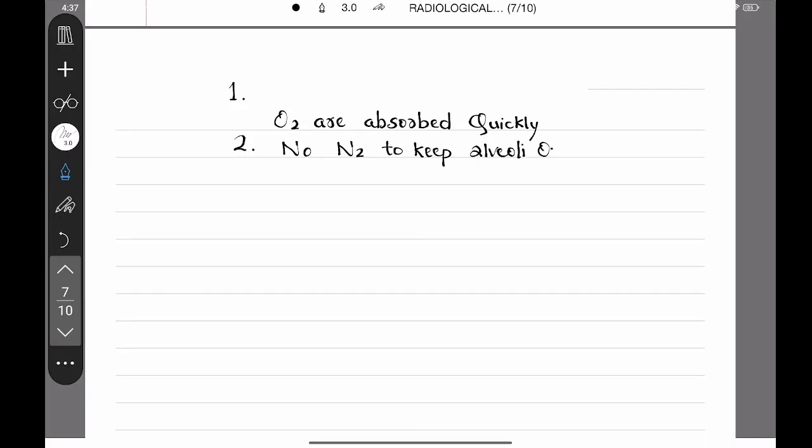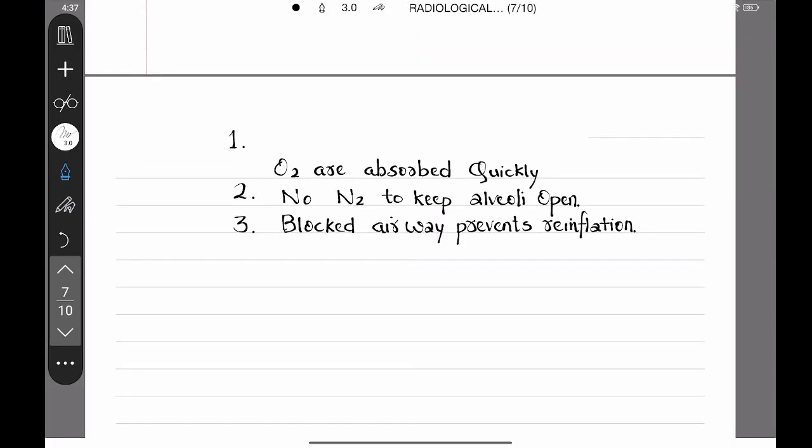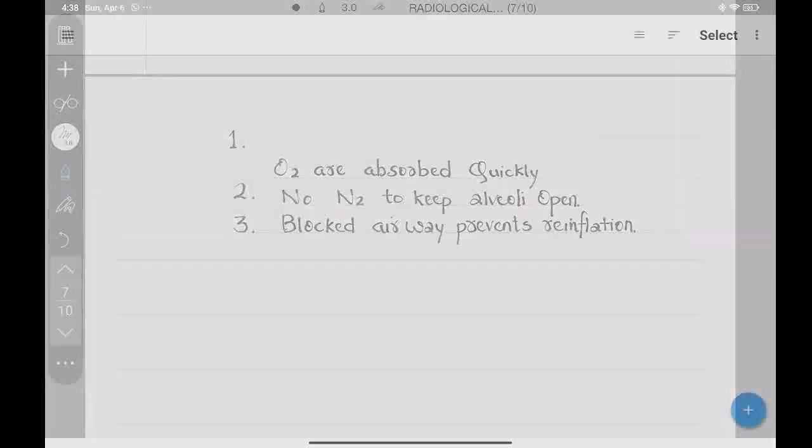Point number 3, the blocked airway prevents reinflation. So these are the 3 major reasons why, when breathing pure oxygen or high concentration oxygen, the rate of alveolar collapse increases.